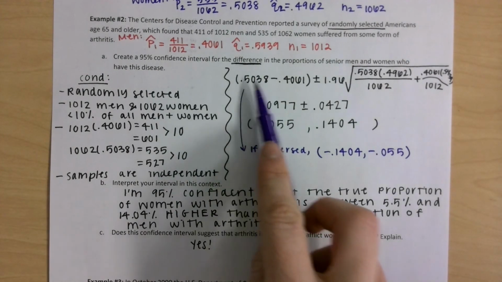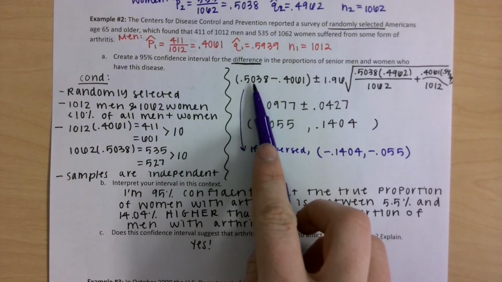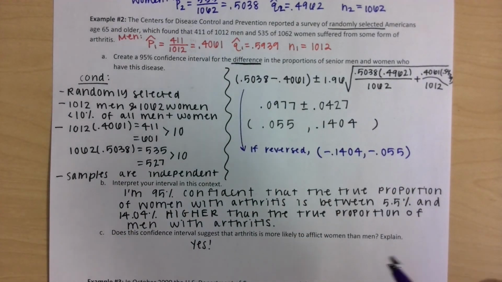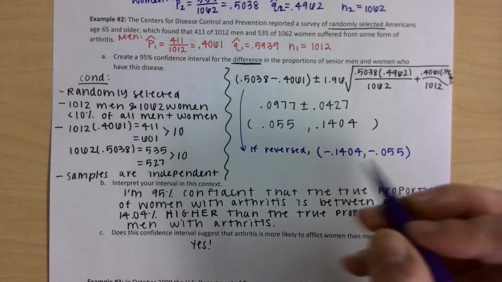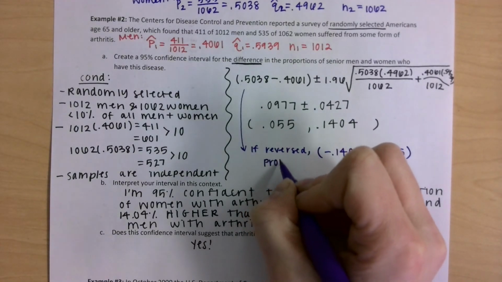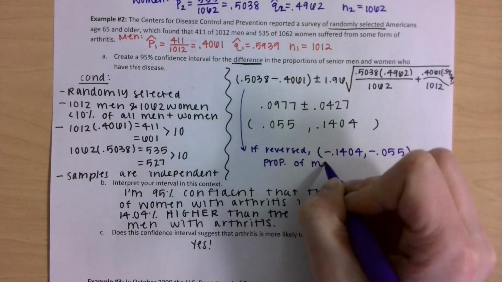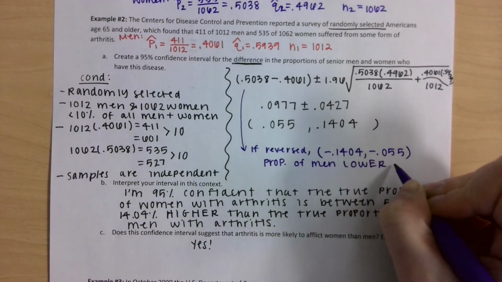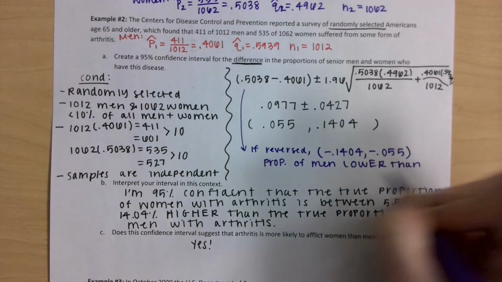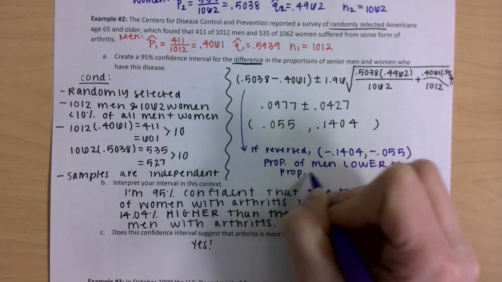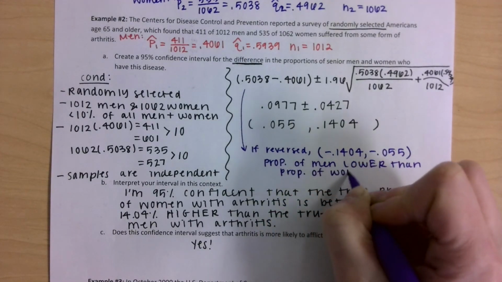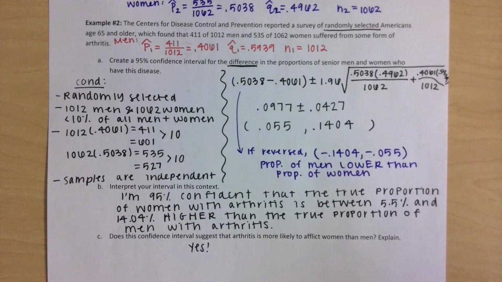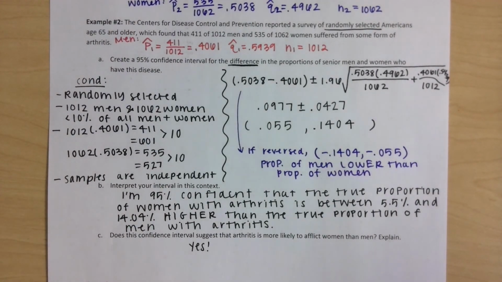If you had reversed these here, so you had your 0.4 first, you would be saying that the proportion of men with arthritis is lower than the proportion of women. So you're saying the same thing, you're just reversing the order.